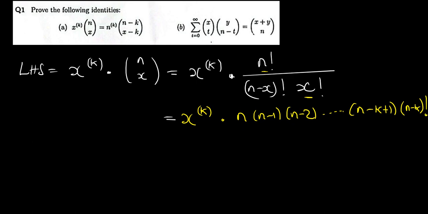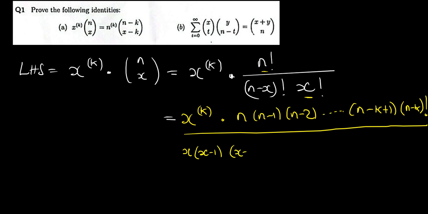Then let me divide all this by the expanded x factorial. It will be x multiplied by x minus 1 multiplied by x minus 2, all the way to x minus k plus 1, and then x minus k factorial, and I also write this term here.